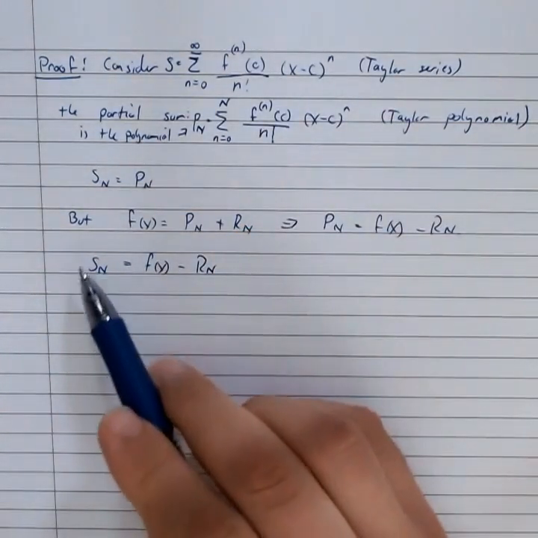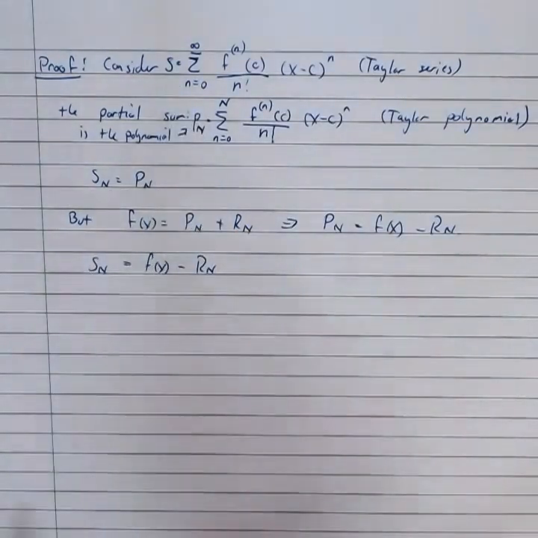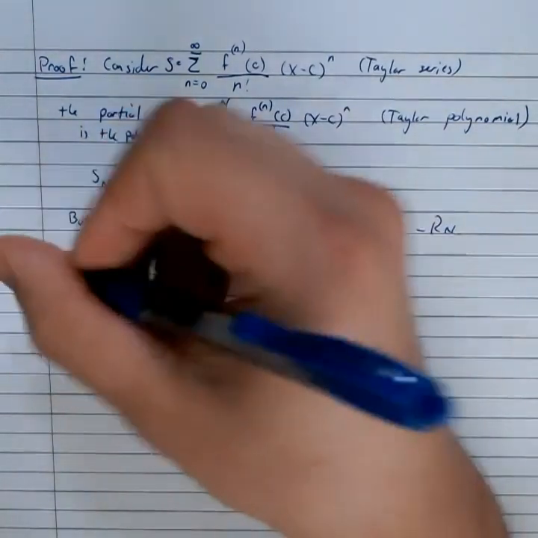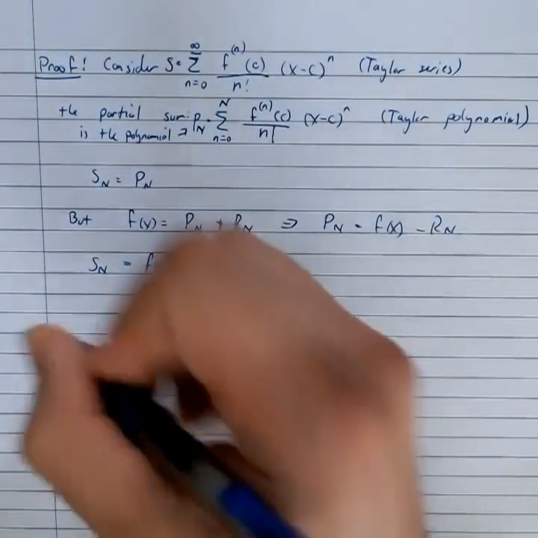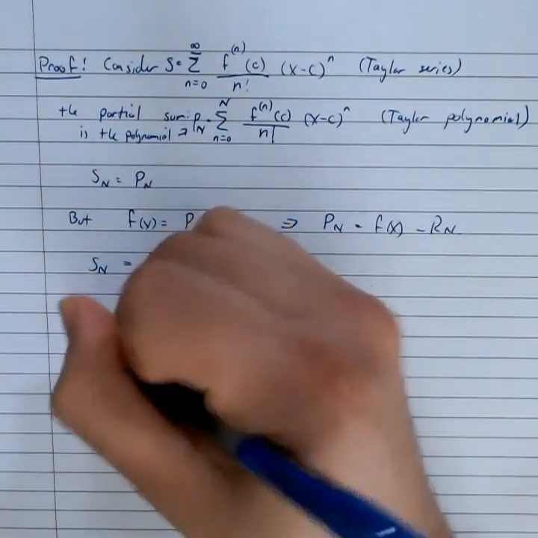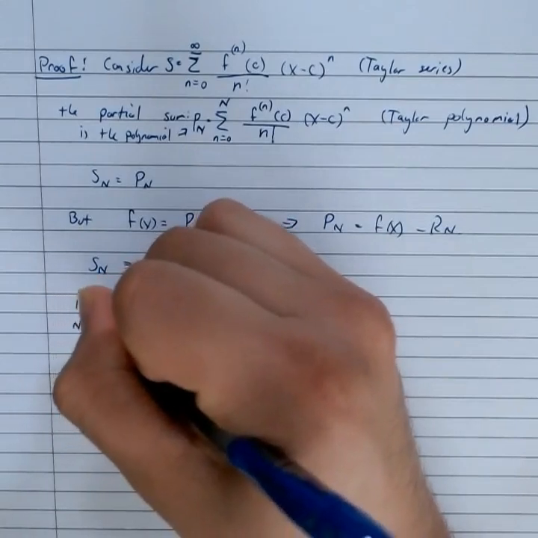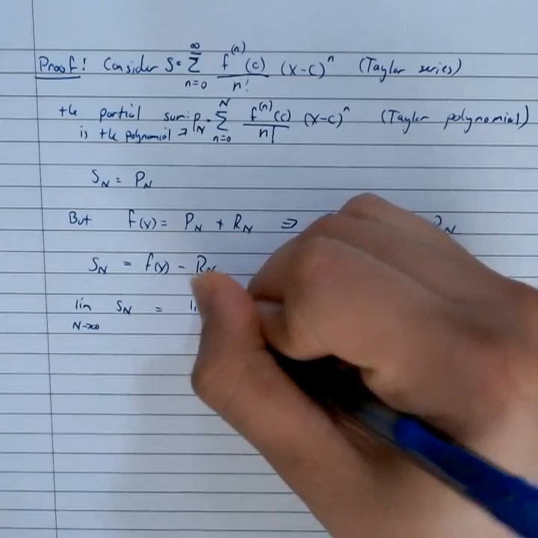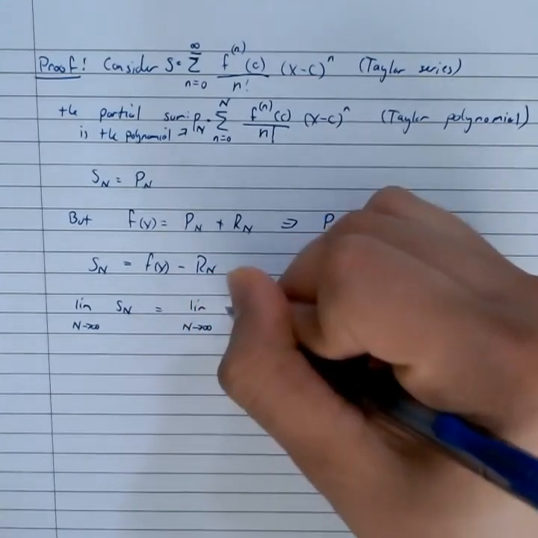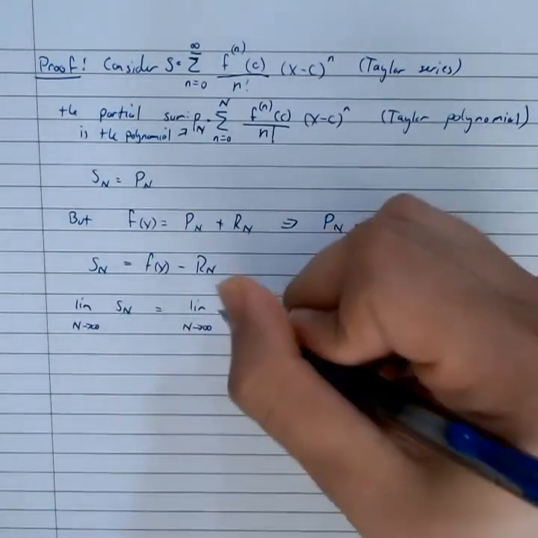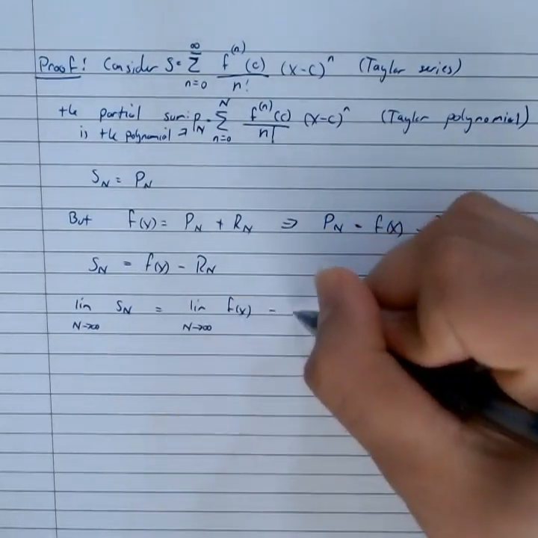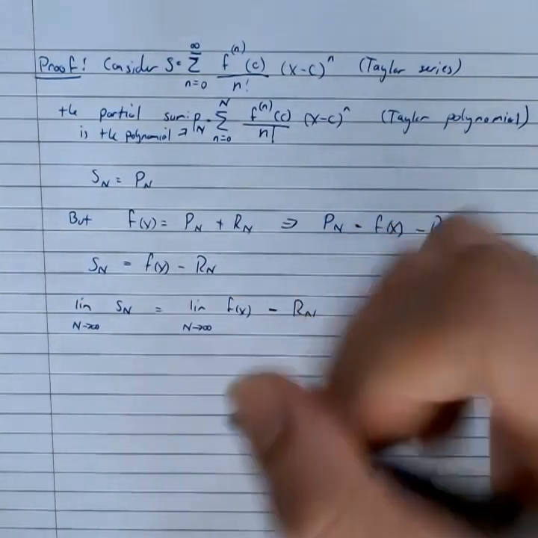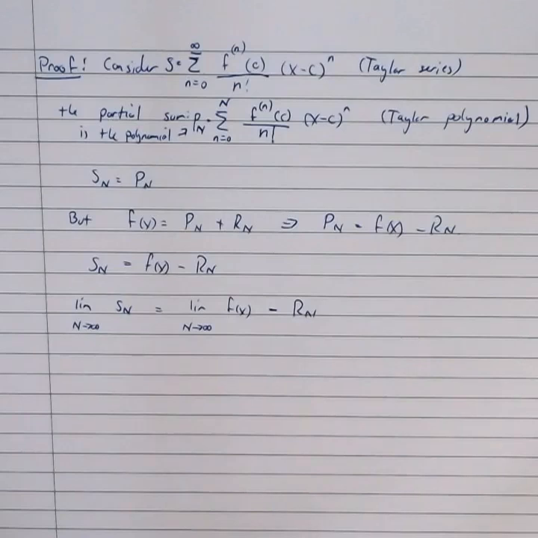But we know that the nth partial sum converges to the series as long as you let n approach infinity. But if these are always equal to each other, then I should be able to take the limit of both sides. The limit as n approaches infinity of the nth partial sum is equal to the limit as n approaches infinity of the function that generated that sum minus the remainder, the Taylor remainder term.